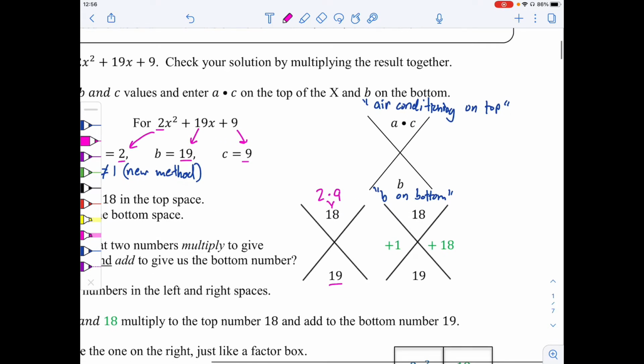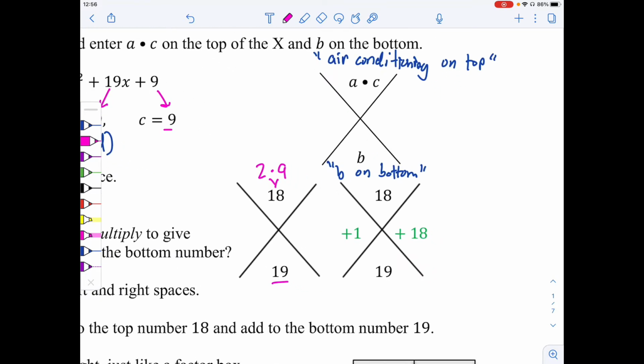And always we want to find numbers that multiply to the top and add to the bottom.